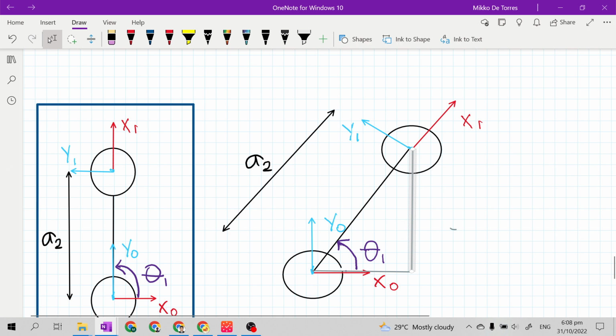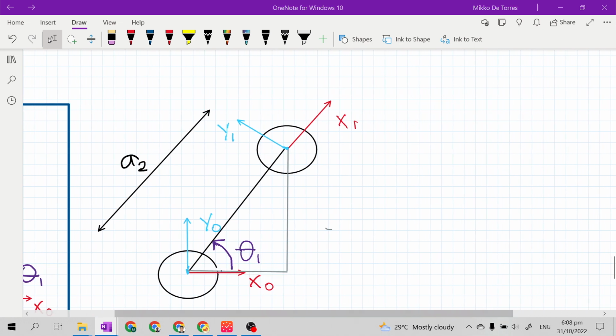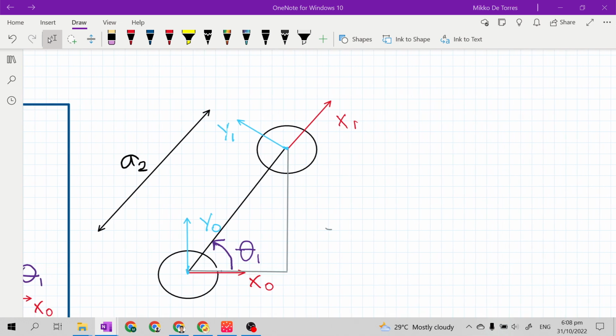This is y sub 0 because it is along y sub 0, and this is the opposite side because it is opposite to the angle theta 1. This is our adjacent, x sub 0 is our adjacent. Now we have the hypotenuse, adjacent, and opposite. We are now ready to derive the position vector.